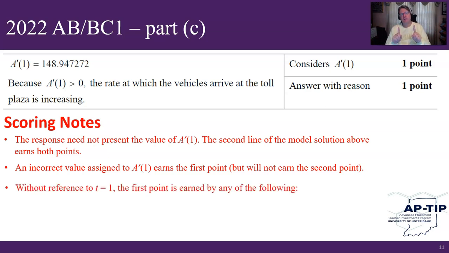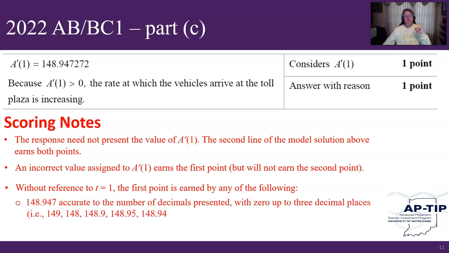Now, without referencing t equal 1, the first point can still be earned with any of the following kinds of statements. Let's say the student just immediately writes the number 148.947, accurate to the number of decimals presented. Or if they presented that with no decimals all the way up to 3 decimals.